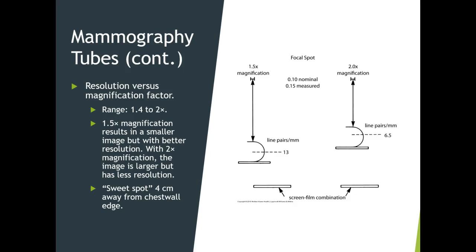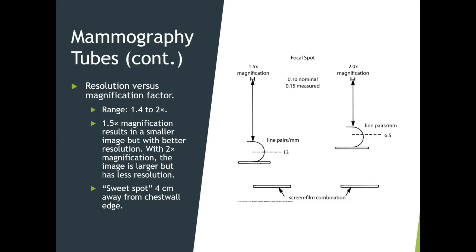Most X-ray tubes are going to have 2 focal spot sizes. The typical focal spot is going to be 0.3 millimeters in a mammography machine, and the smaller is going to be 0.1 millimeter, and that is the one that would be used when you move to magnification.